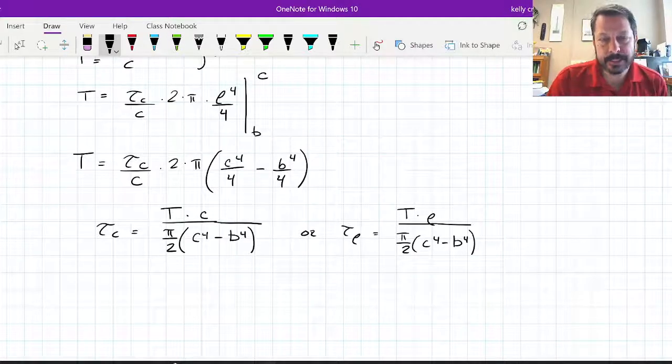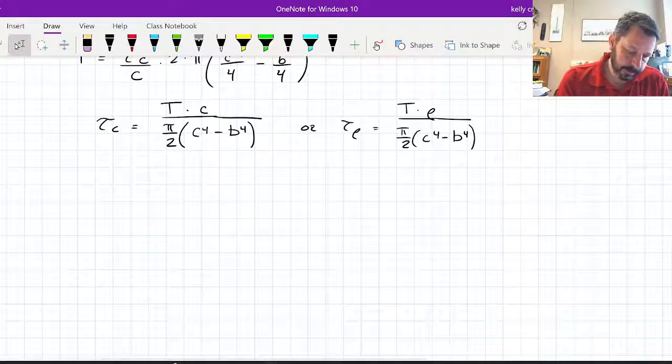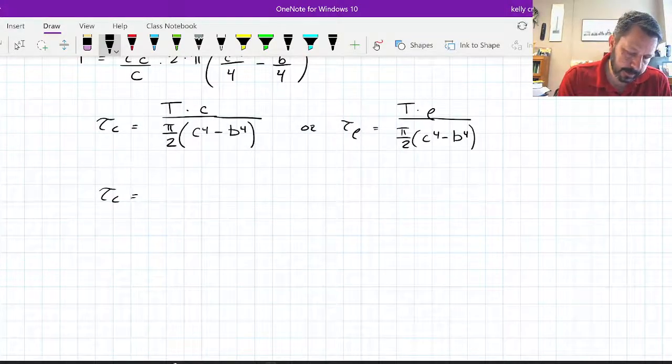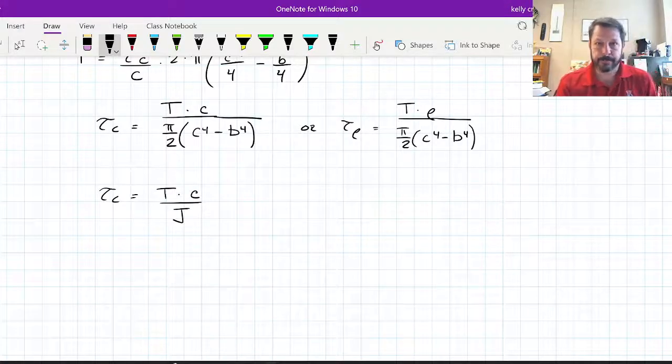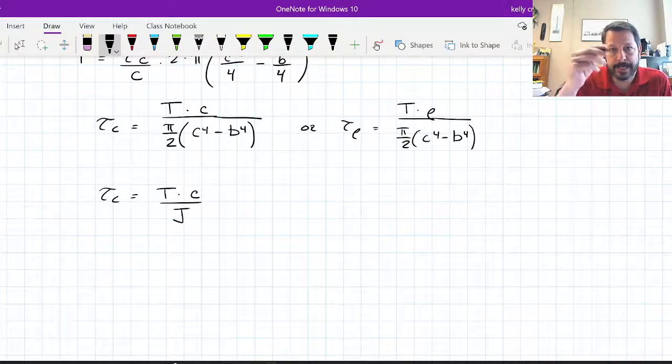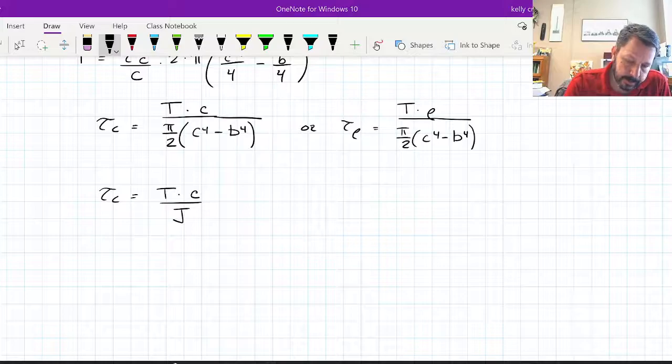A lot of times, though, you see this equation written as tau c, if we're doing the maximum one, tau c equals T times c over J. So J is like I, where I was the moment of inertia for some prismatic shape. J is the polar moment of inertia.